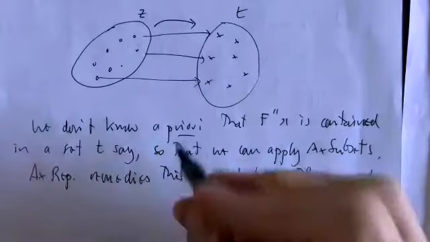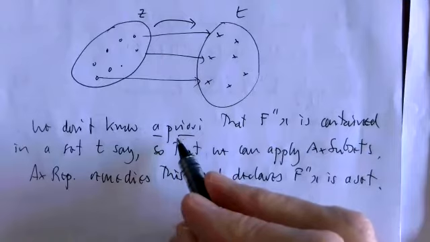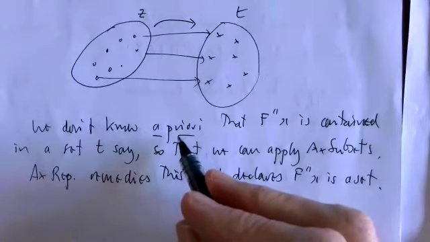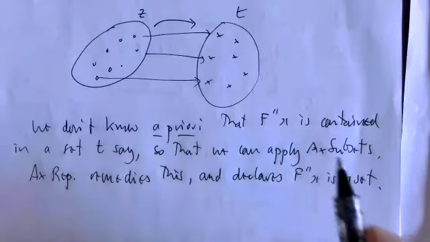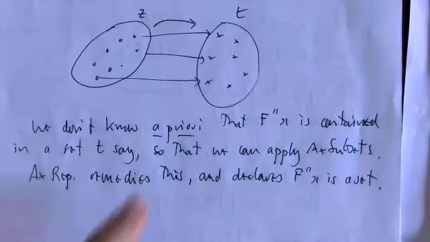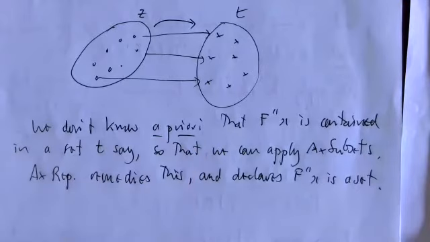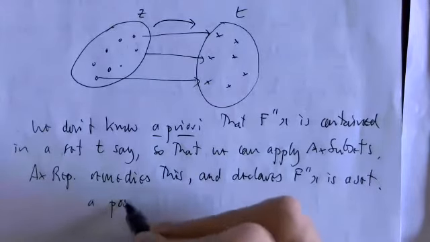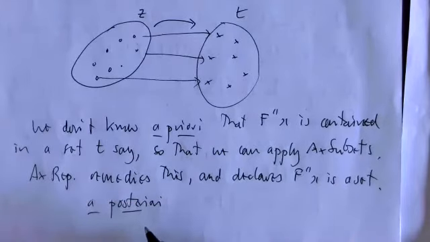What does a priori mean? We don't know from the beginning, from the basics, from the start, that this is going to be contained in a set. So we don't know from prior knowledge, from prior assumptions. Contrast with a posteriori: this is kind of like after the fact.